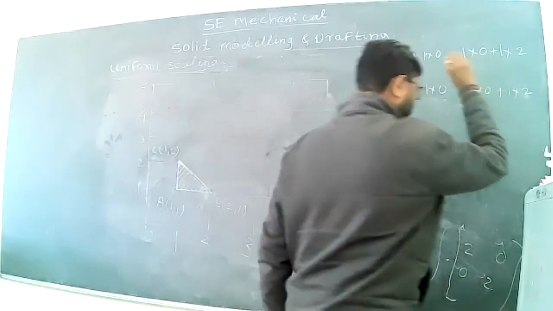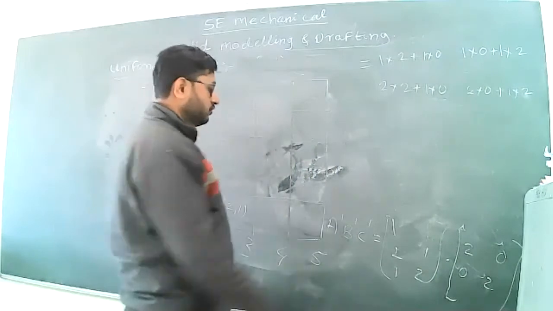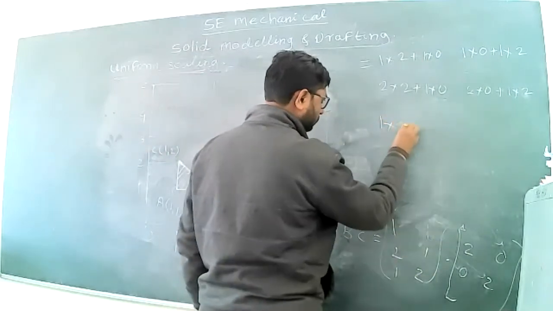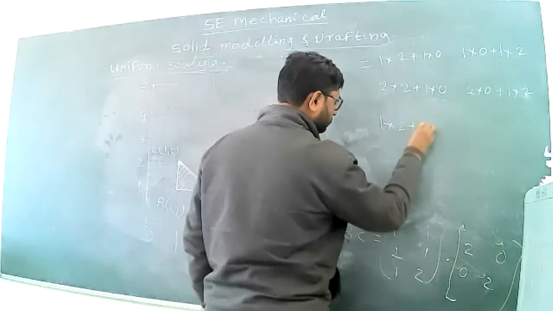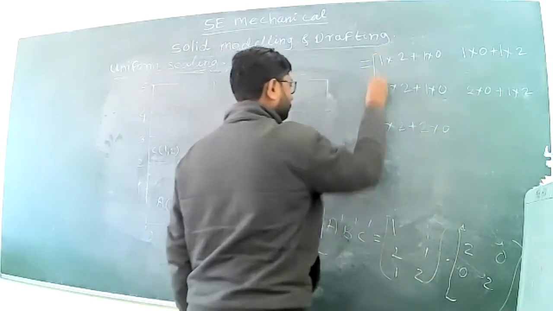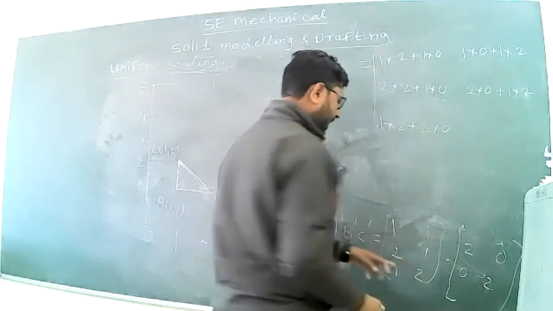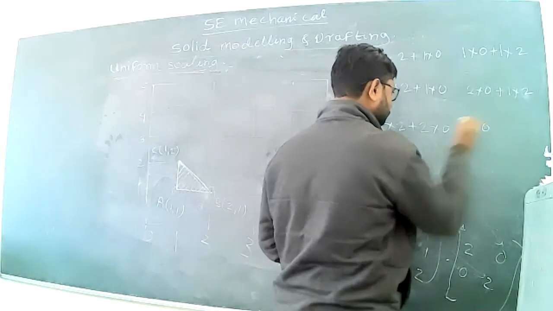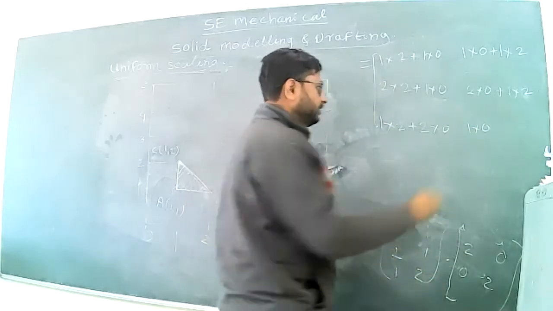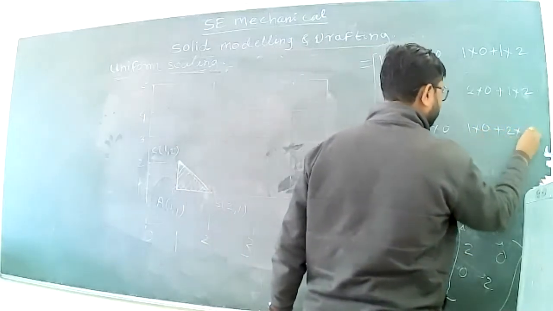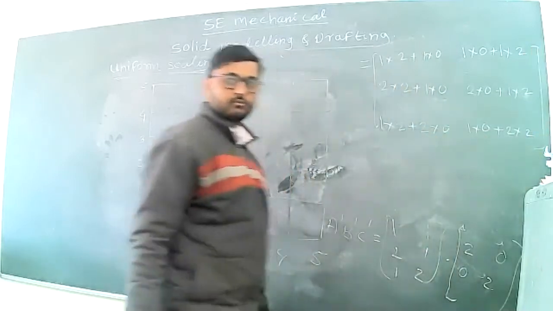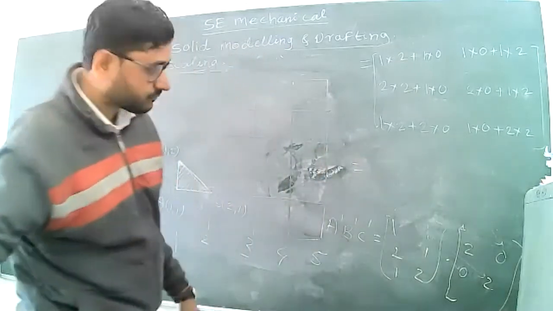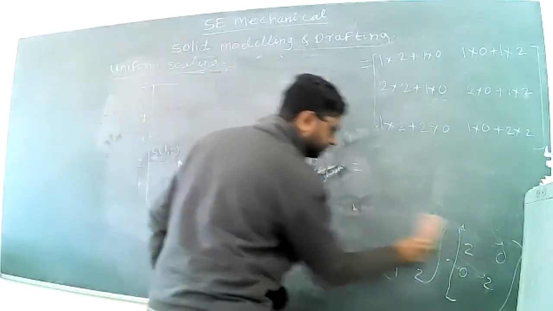For the third row, it is 1 into 2 plus 2 into 0. And for the last element, it is 1 into 0 plus 2 into 2.